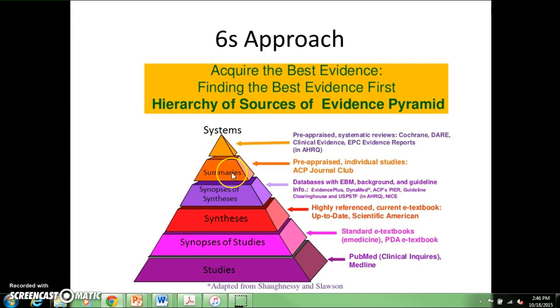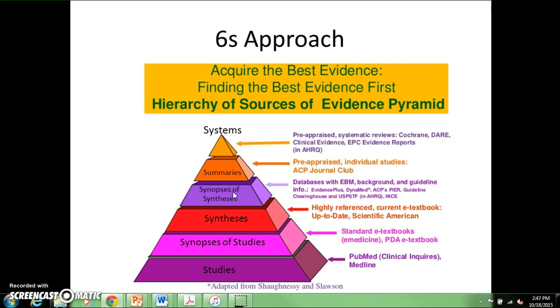In our summary step, what we're looking at is an outline of management options for a given health issue, and so it's going to provide a summary that incorporates the highest quality and most synthesized resources of research evidence. Your synopsis of synthesis summarizes the findings and implications of high quality systematic reviews.